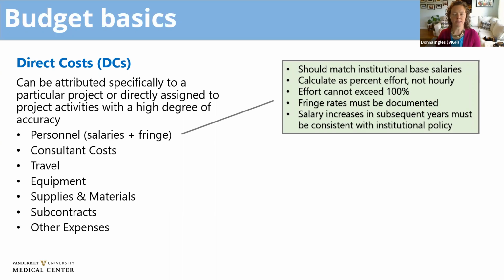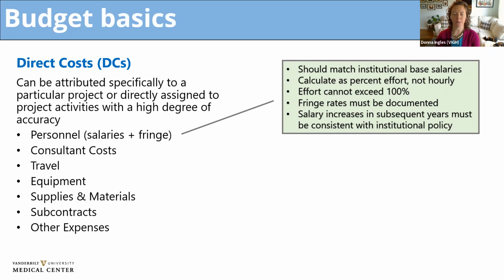For personnel costs, what you propose in your application should match your institutional base salaries. You should have a way to back this up. If the NIH says, why are you proposing $1 million for this person when their base salary is nowhere near that? You'll want to make sure that this matches institutional base salaries, and that you're calculating any effort on a grant as a percent effort and not an hourly wage for personnel.